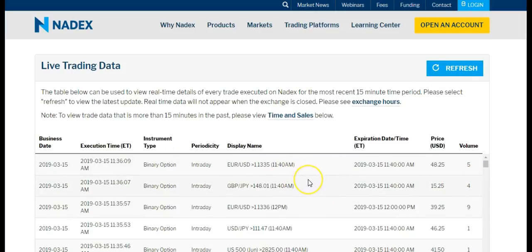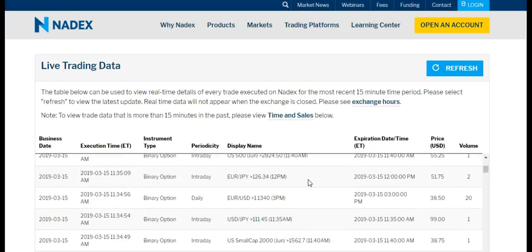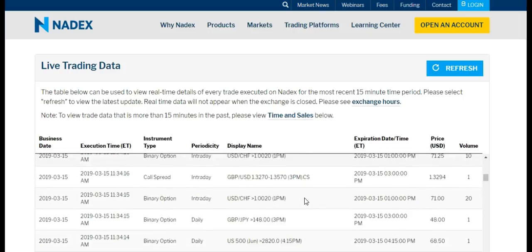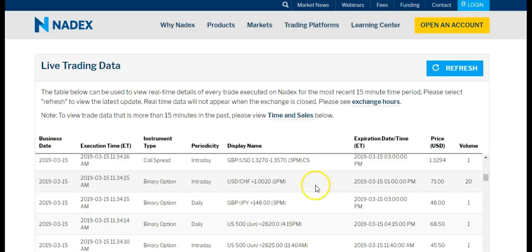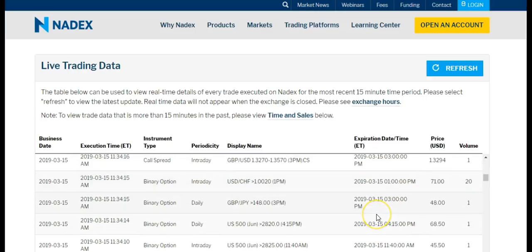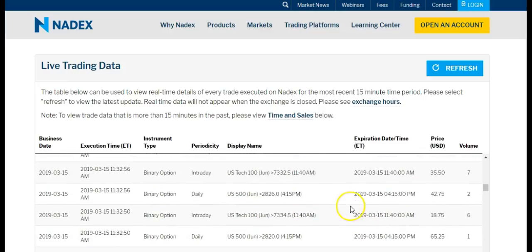So looking through this quickly, see if there's any real volume. Again, that's 20 contracts, but that's off of something else. Here's 20 contracts, 10 contracts. That might be the other person getting out of that previous trade that we talked about.